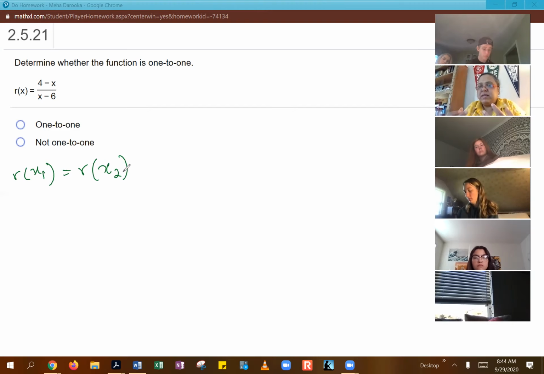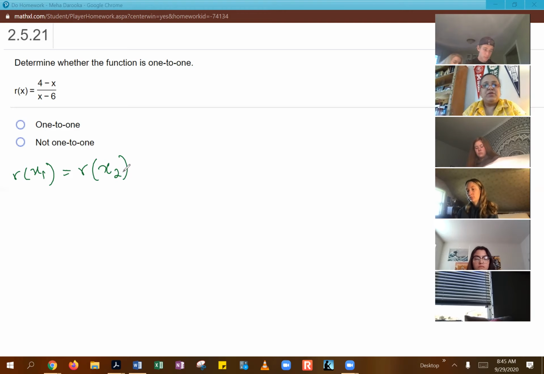We're not using numbers, just x sub 1 and x sub 2. We have to show that they are equal to each other. If we can show that, then our function is one-to-one. We do not have two different x values for the same y value.